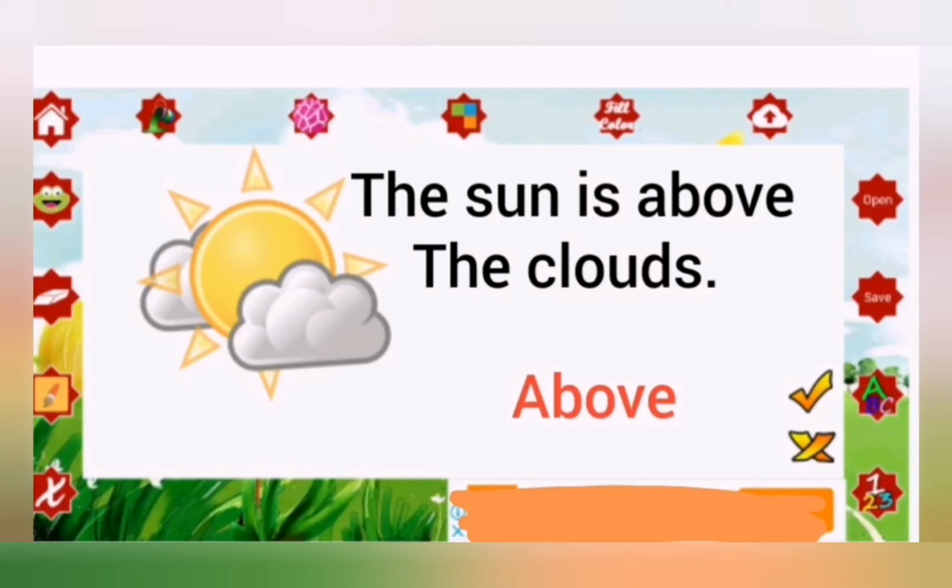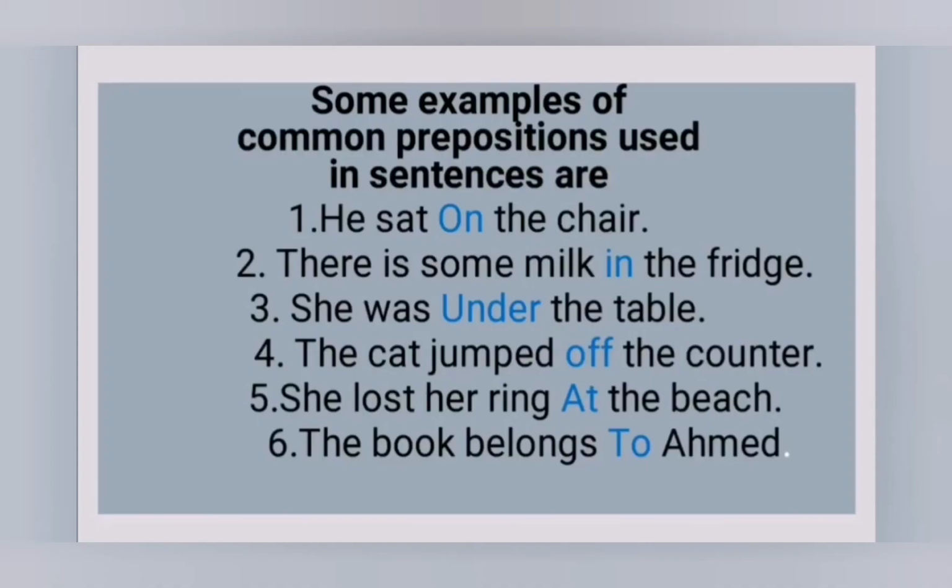Let's come to some more examples of prepositions. Some examples of common prepositions used in sentences are: he sat on the chair. There is some milk in the fridge. She was under the table. The cat jumped off the counter.